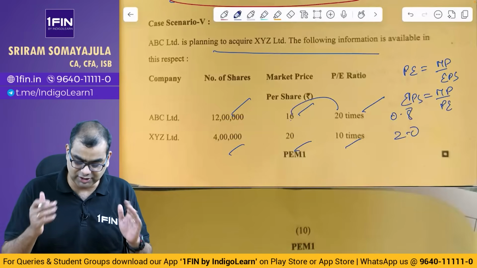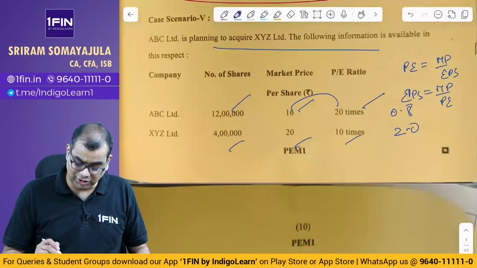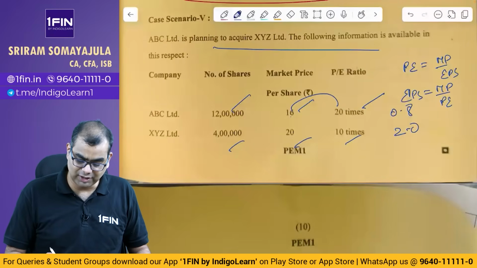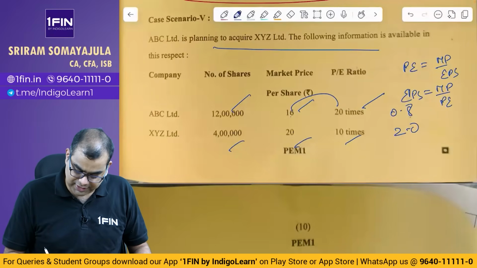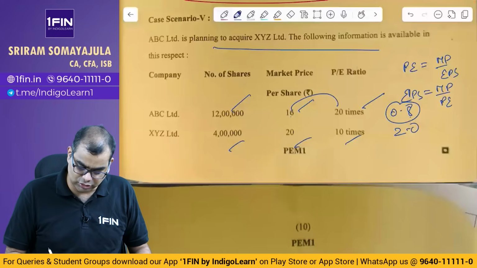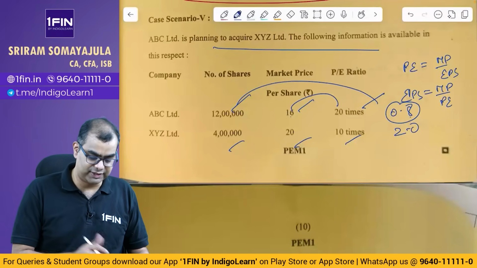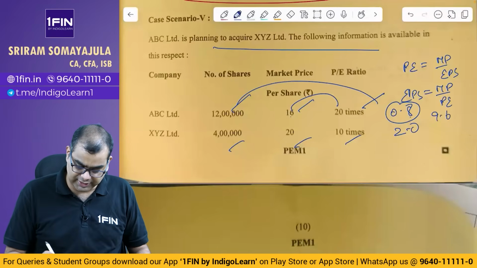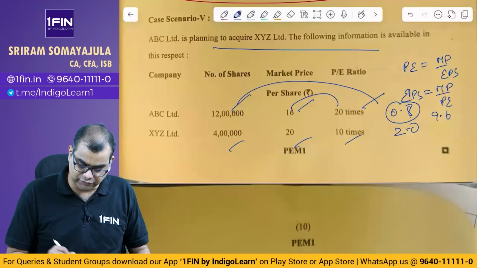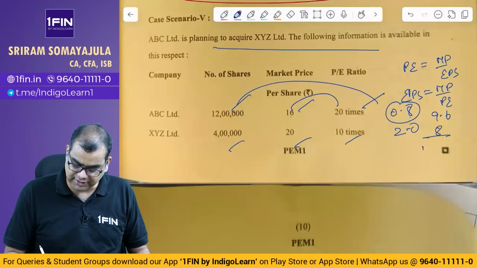First that is what struck me. And then another thing that struck me, what is PAT? Your EPS, whatever we got here, into the share count. So 0.8 into 12 is 9.6, and your 2 into 4 is 8. So 17.6 lakhs is your PAT.